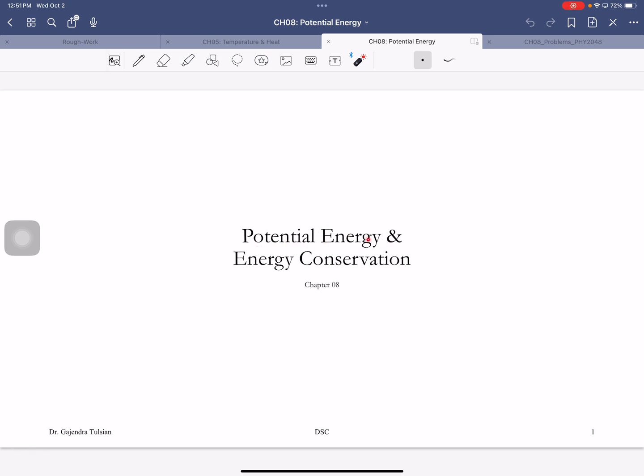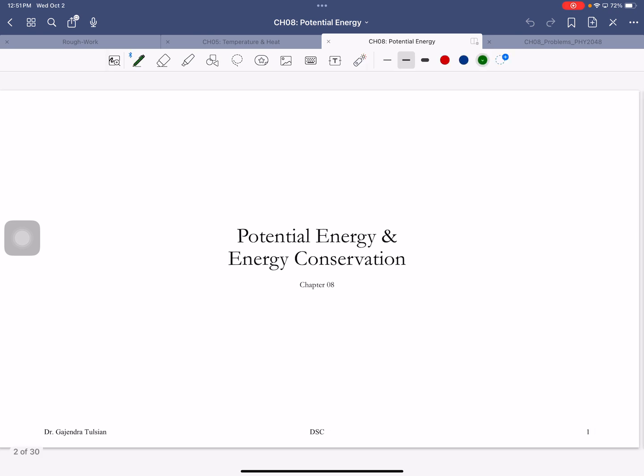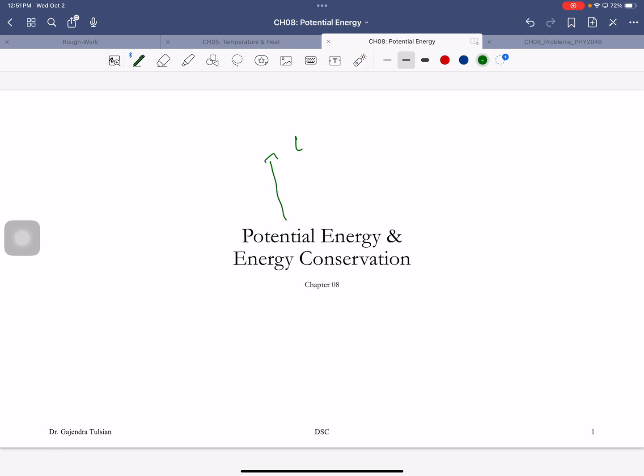So we understand what potential energy is associated with. Potential energy is associated with forces that are called conservative forces. We'll come to this part in the latter half of the chapter, energy conservation.